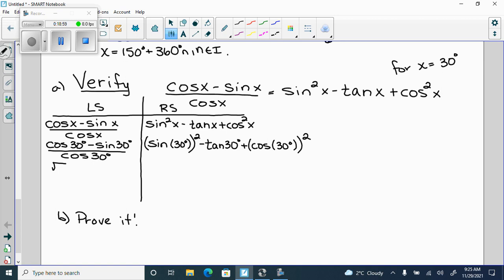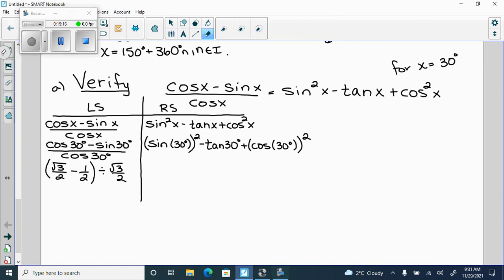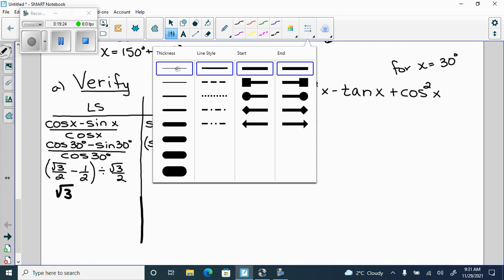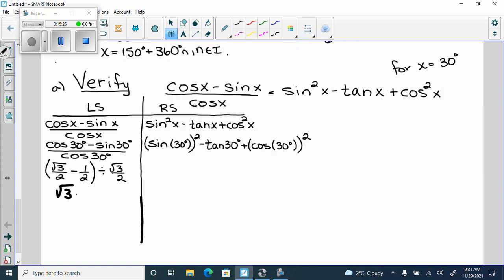And then I would immediately go, I'm immediately filling in values. Cos and sine are gone on the third step. So I'm going to prove it after. Okay, so we're going to go common denominator. So we're going to go root 3 minus 1 over 2.